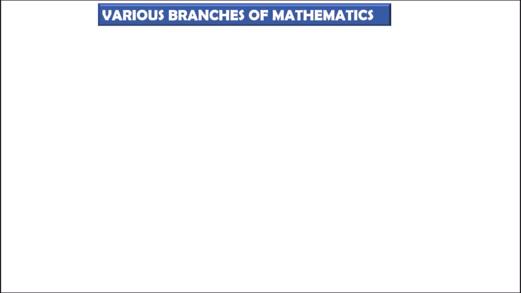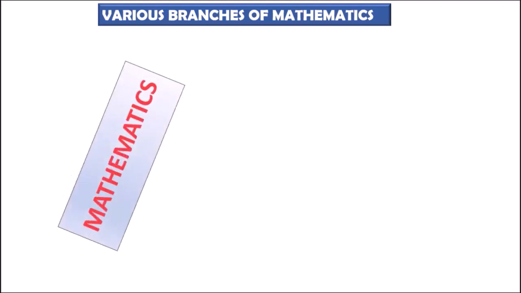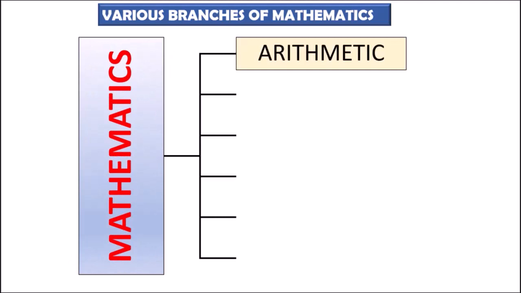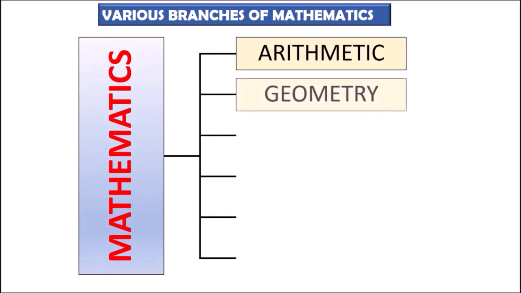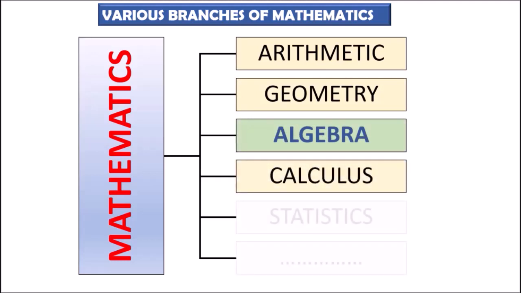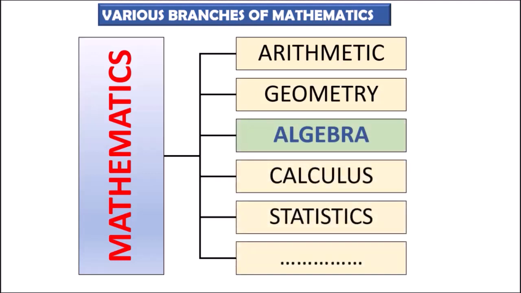We already know that mathematics is the study of numbers, quantities, or shapes. There are many branches of mathematics, such as arithmetic, geometry, algebra, calculus, statistics, and many other branches which you will study in higher classes.